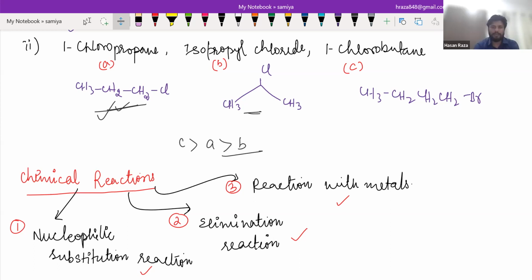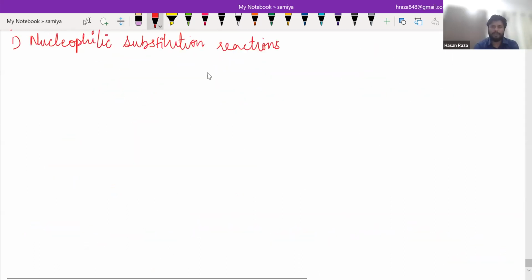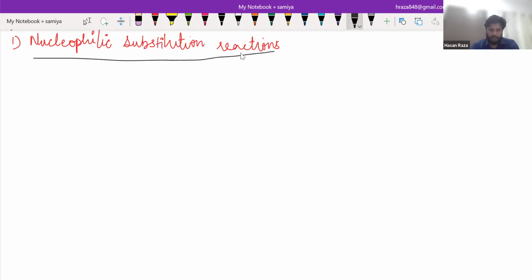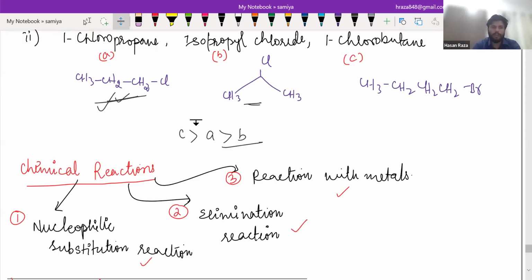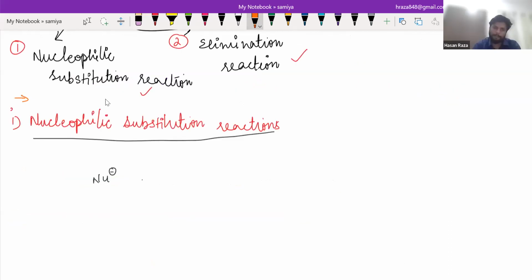Now you can see we are going to start this nucleophilic substitution reaction. It's very easy to understand. There will be a nucleophile, and since we are studying, wait a minute, write a topic before that: nucleophilic substitution reaction, and that is reactions of haloalkanes.